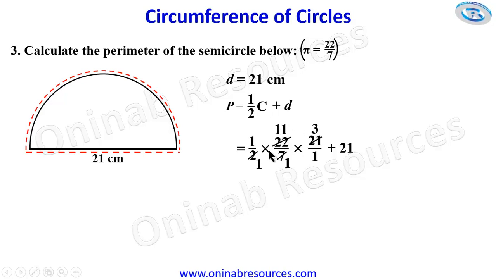So we're going to have the first part to be 33 plus 21. That's 11 times 3, 33, plus the 21, giving us 54 centimeters as the perimeter of the semicircle in problem 3. That's the end of the solution to problem 3.